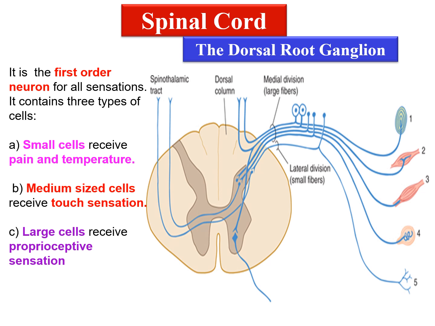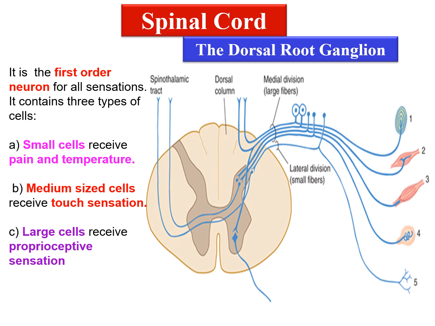Here we know that it contains 3 types of cells: small cells, medium-sized cells, and large cells. As regards small cells, they receive pain and temperature sensation. As regards medium-sized cells, they receive touch sensation. What about large cells? They receive proprioceptive sensations.